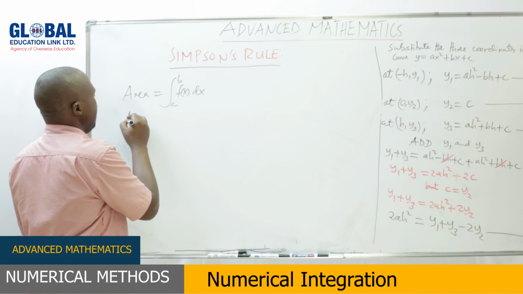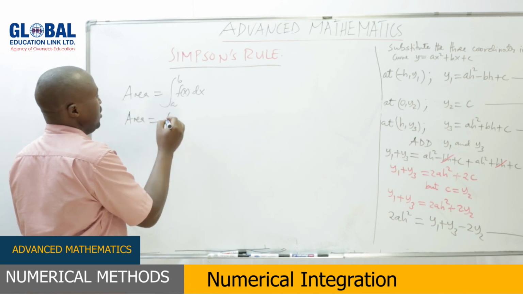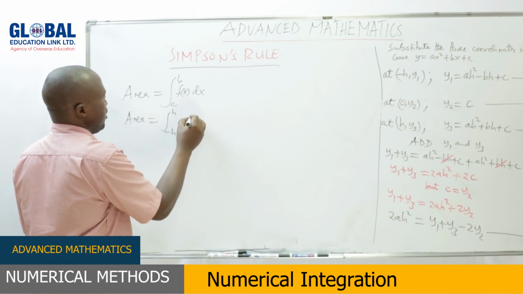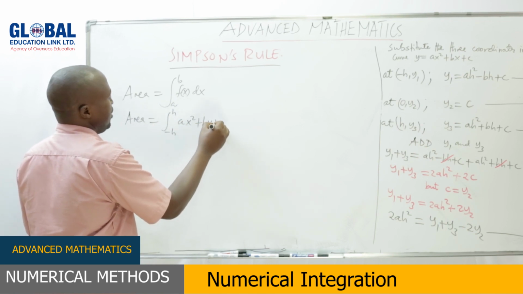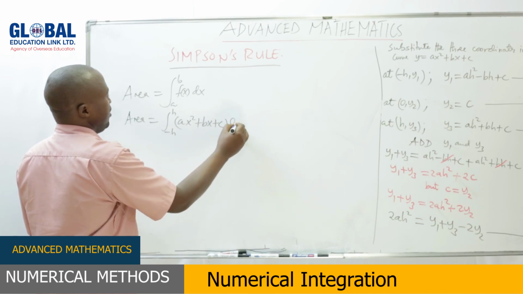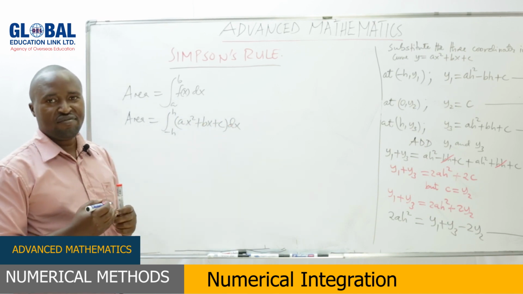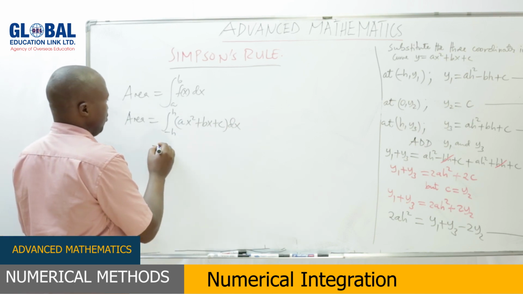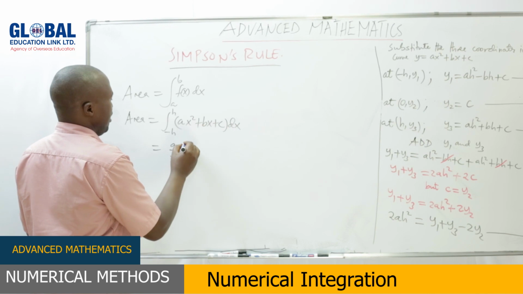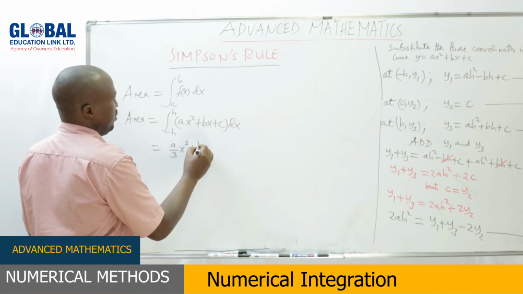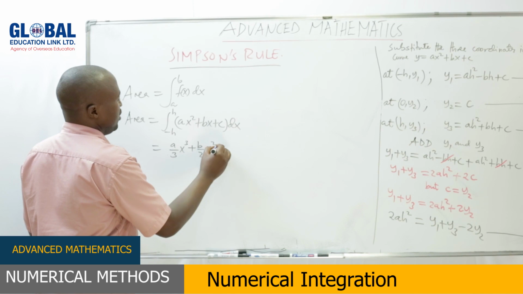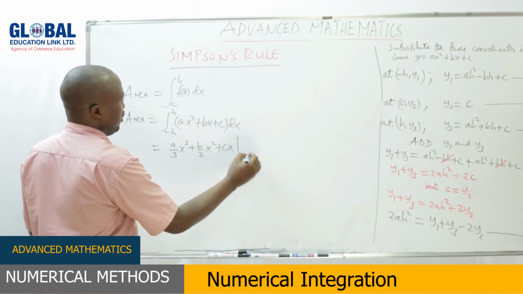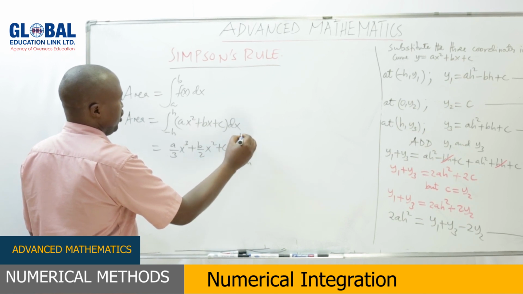So in this case, area is equal to the integral from negative h to h of ax squared plus bx plus c dx. Now let us integrate our function. So we are going to have a over 3 x cubed plus b over 2 x squared plus cx. But the interval is from negative h to h.